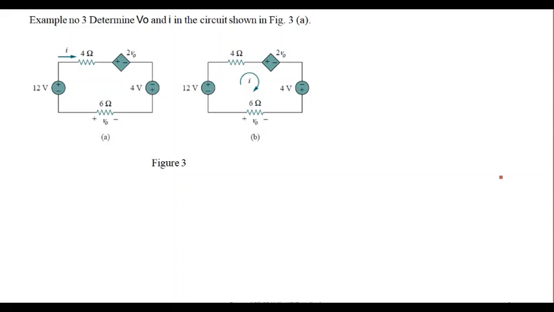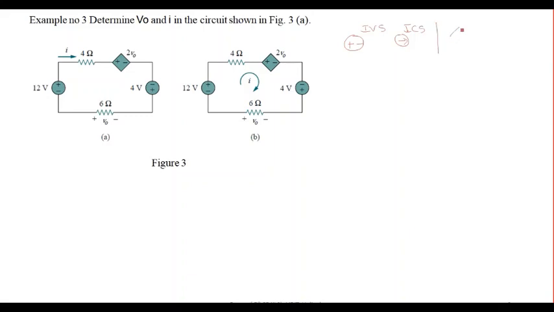Here we have a problem associated with dependent sources. What is the requirement here? You need to solve for V0 and I, right? These are the two unknowns here. Recall these representations: a circle will be the independent voltage source, and an arrow will be the independent current source.